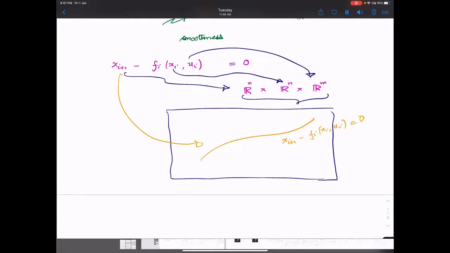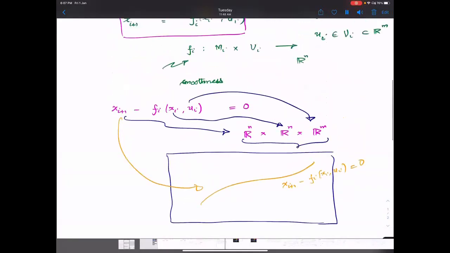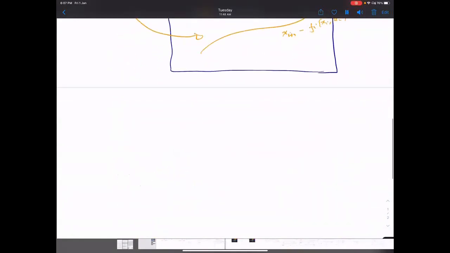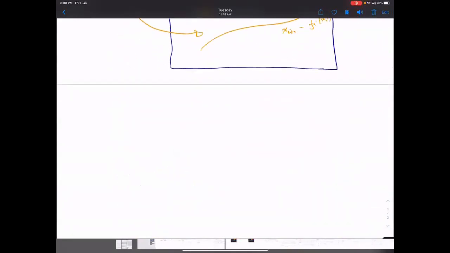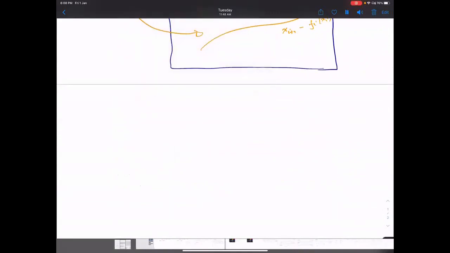All right. Now, this is describing something which we know as system dynamics. In addition to that, what do we have in an optimal control problem? You have some initial state, so x_0 is some specified state.